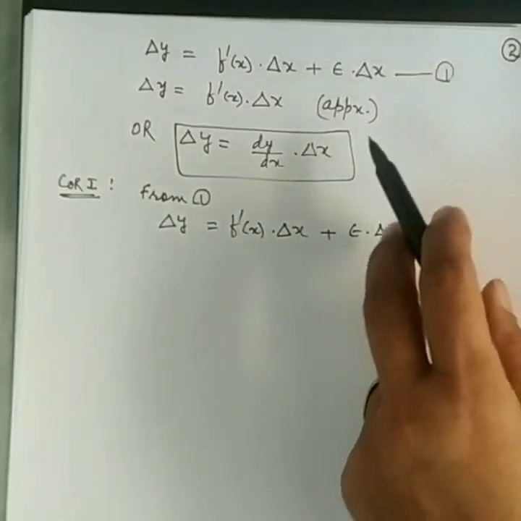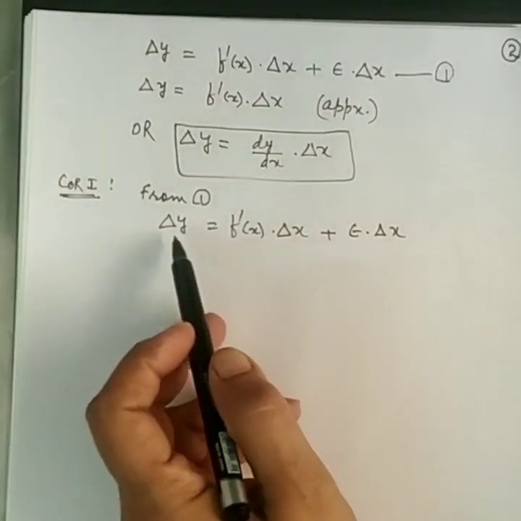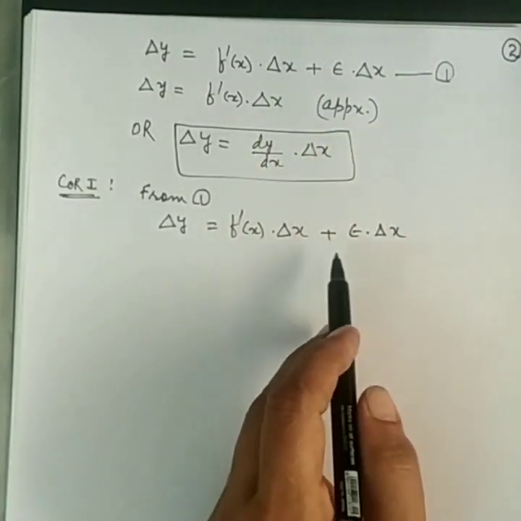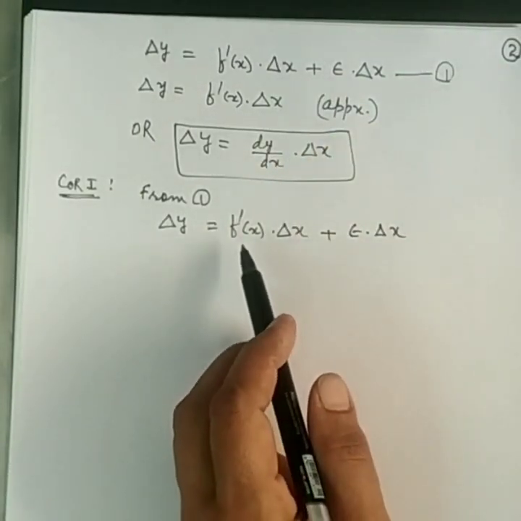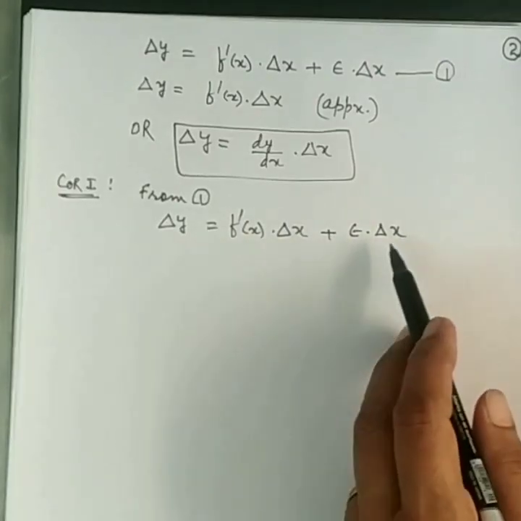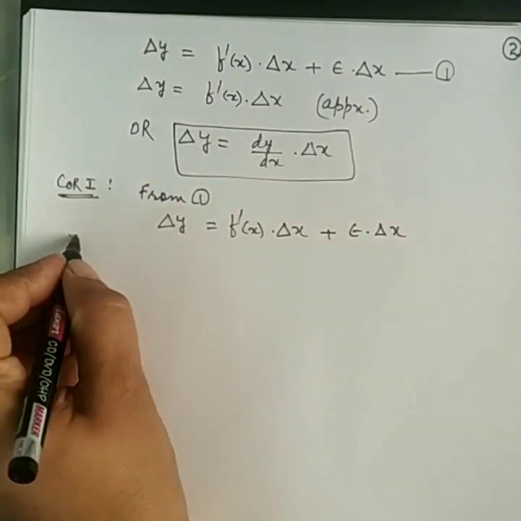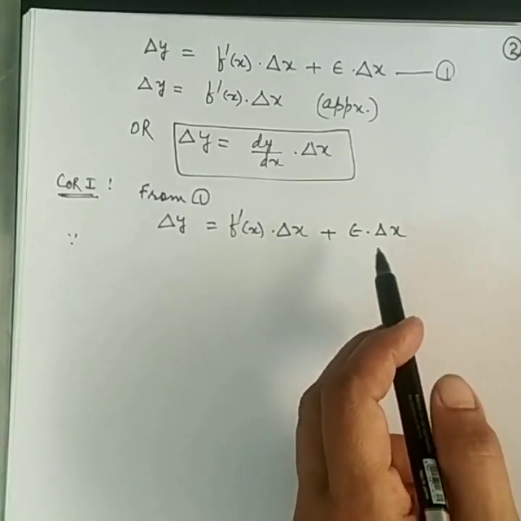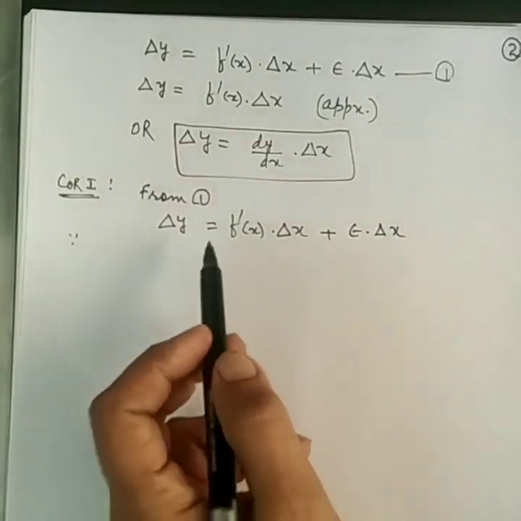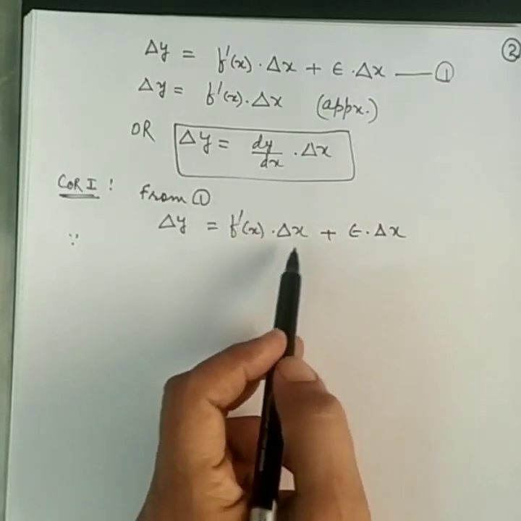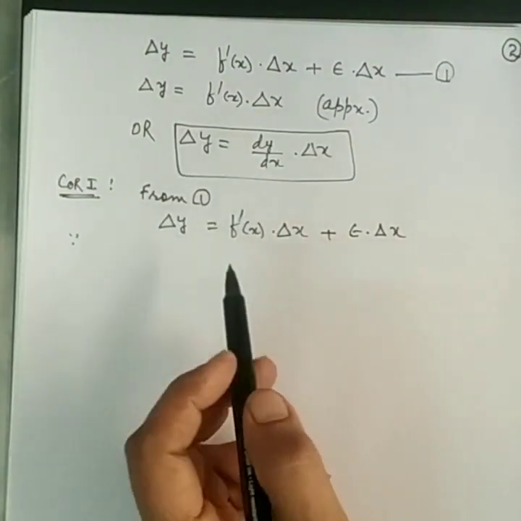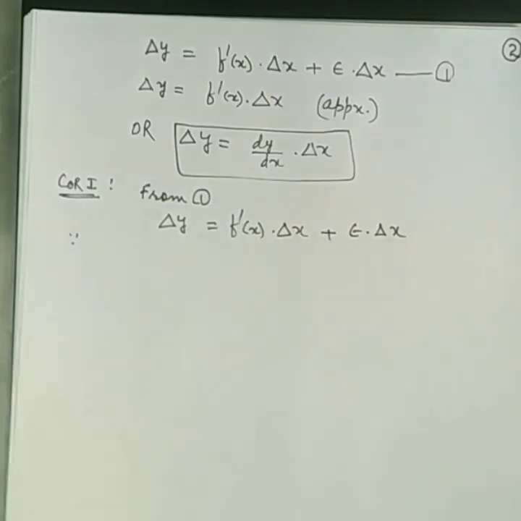Now from the first equation, delta y is equal to f dash x into delta x plus epsilon into delta x, where epsilon into delta x is a very small number. Then the principal value of delta y will be this one, which is called the differential of y, and it is denoted by dy.